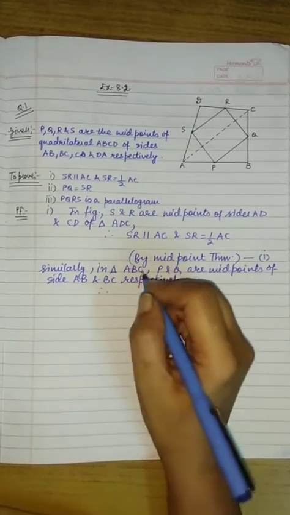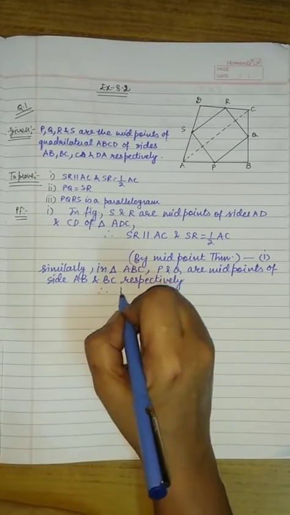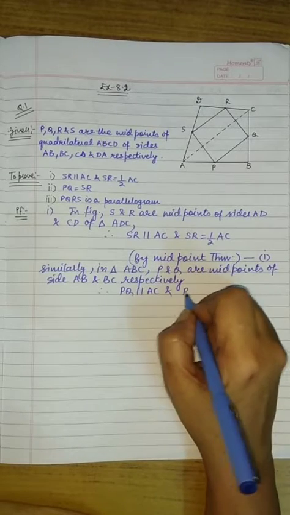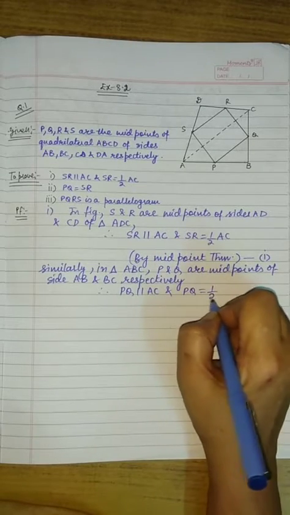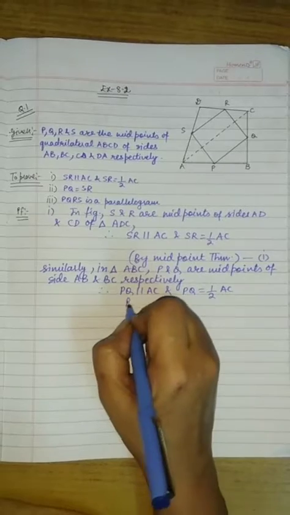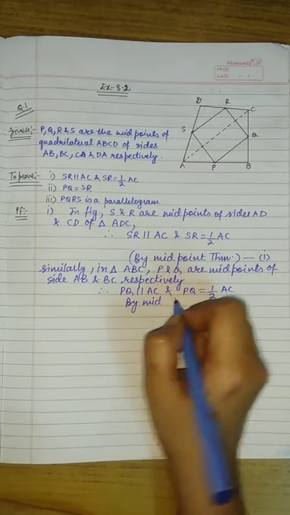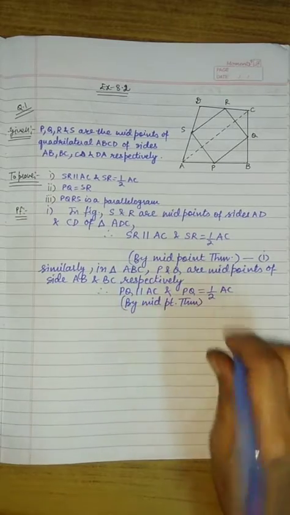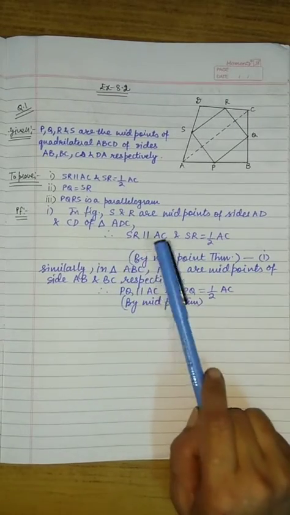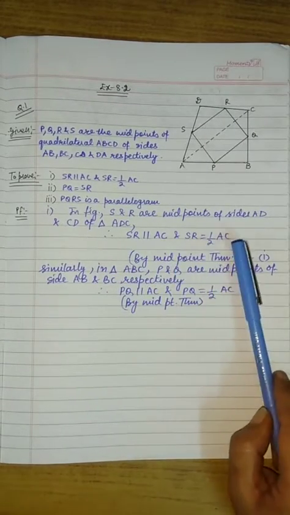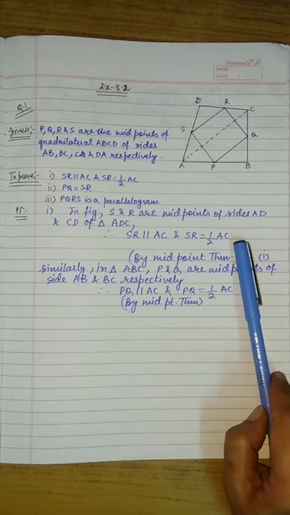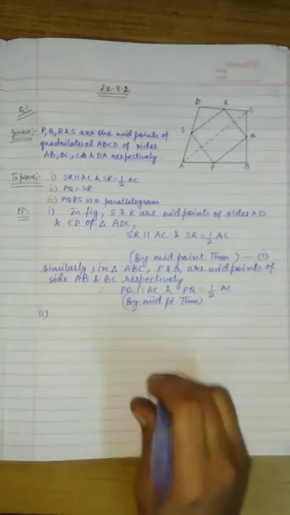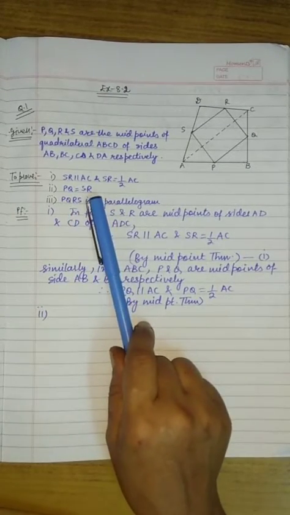Therefore, PQ is parallel to AC and PQ is also half of AC by midpoint theorem. So our first part is proved: SR is parallel to AC and SR is equal to half of AC. In the second part, we want to prove PQ is equal to SR.